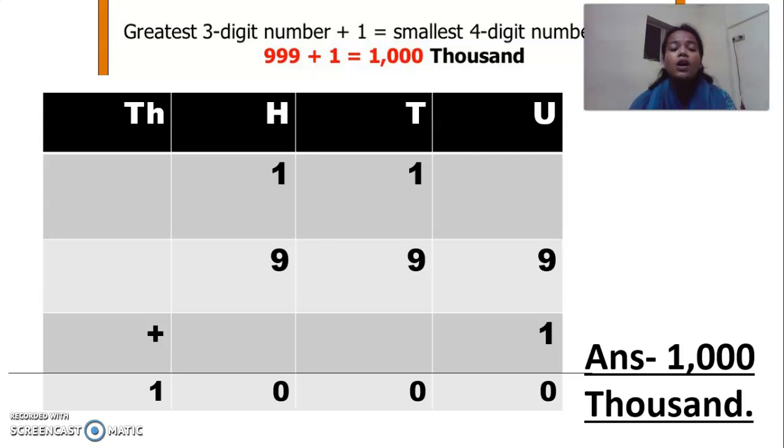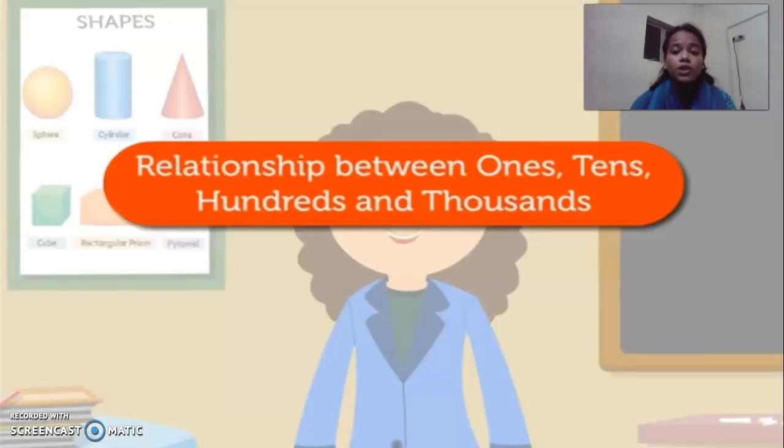As you know, the decimal system that we use is based on groups of ones, tens, hundreds and thousands. First, let us understand the relationship between ones, tens, hundreds and thousands. We have already studied the relationship between ones, tens and hundreds.